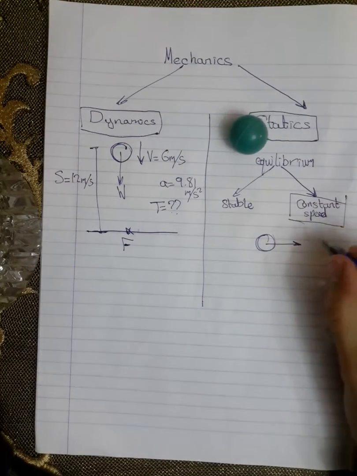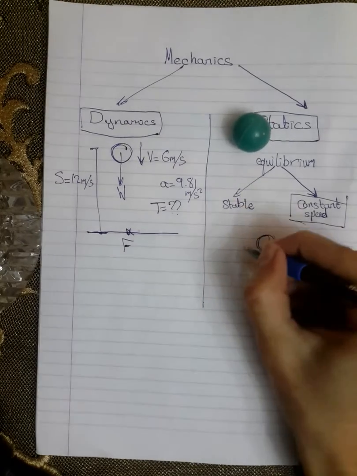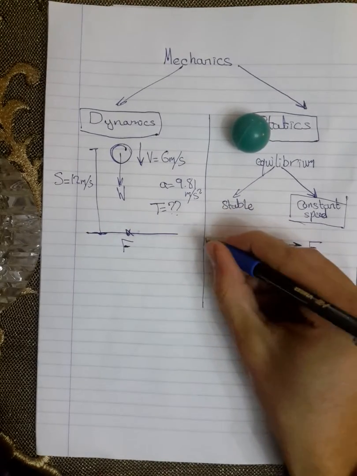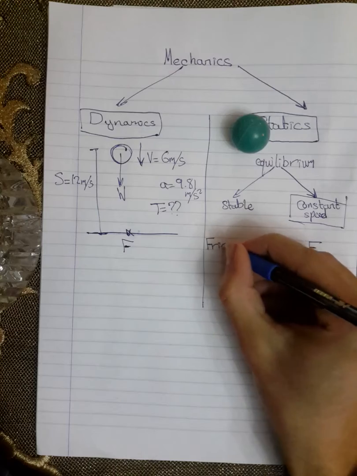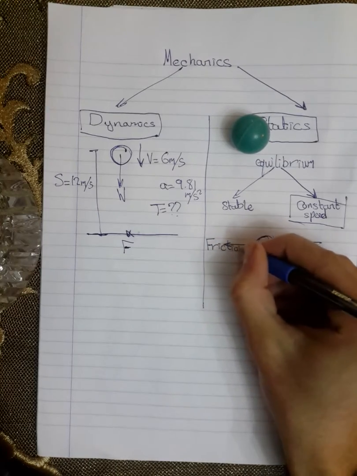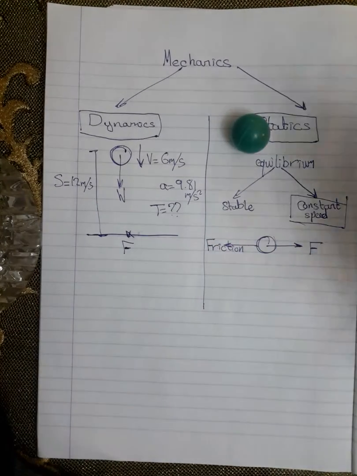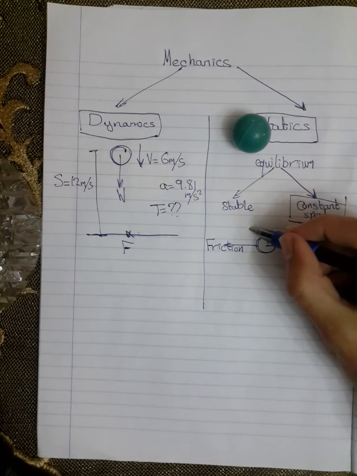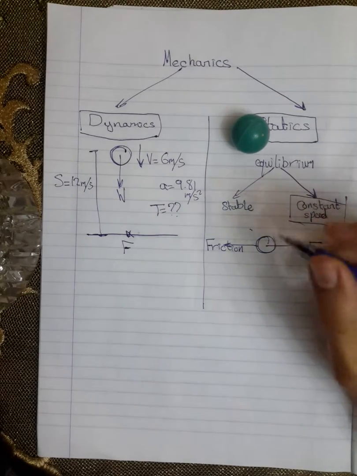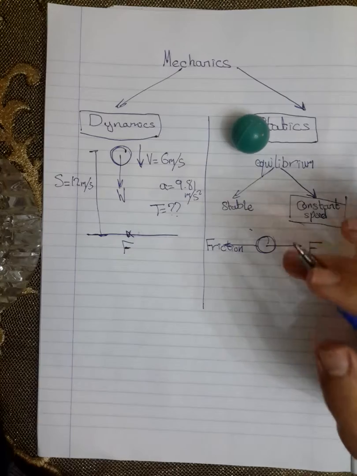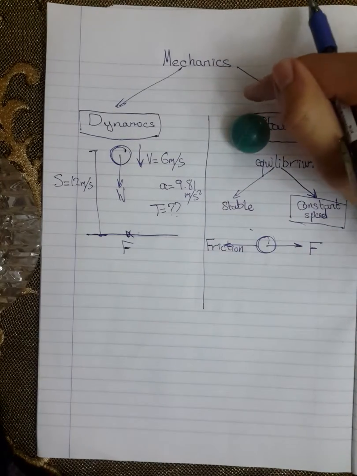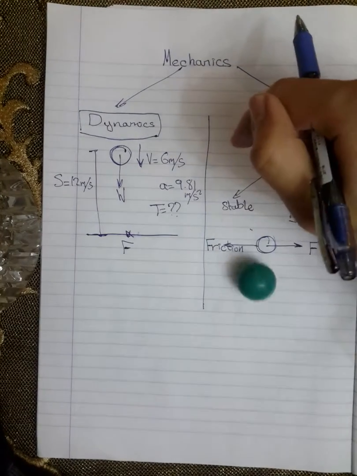So if I have a ball like this, okay, this ball, let's draw this vector diagram, the forces diagram, okay, I have a force like that, and the friction against the ball. So the ball now has a speed of 0. So I begin pushing the ball like this.